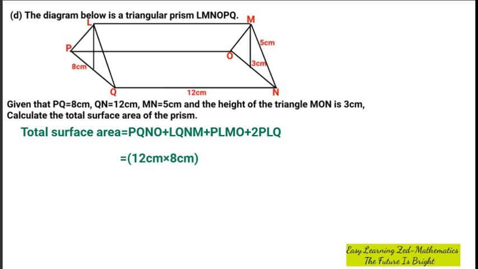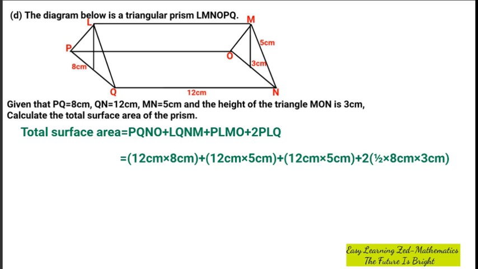Then plus the length of LQNM is 12 centimeter by 5 centimeter. As well as the length of PLMO is 12 centimeter multiplied by 5 centimeter, and then we're going to add 2 multiplied by the area of the triangle, 1/2 times base times height. We are told the height is 3 centimeter, so we're going to have 2 multiplied by 1/2 times 8 times 3.